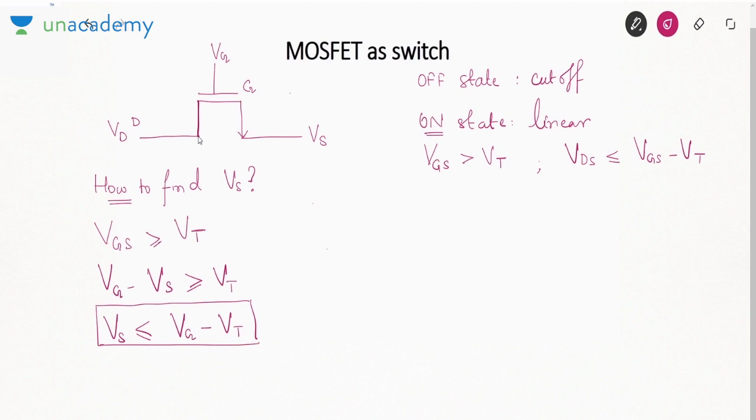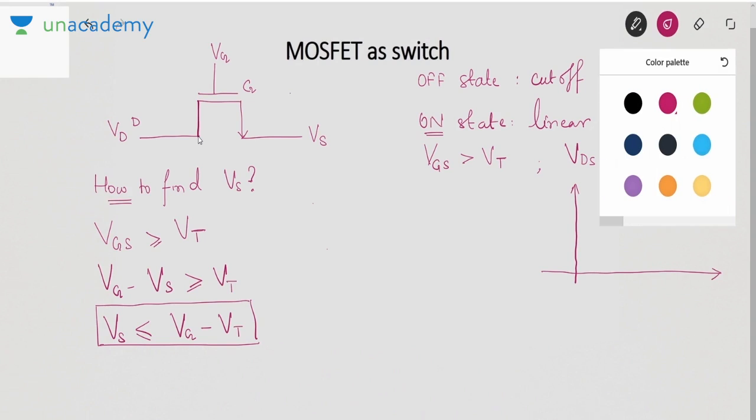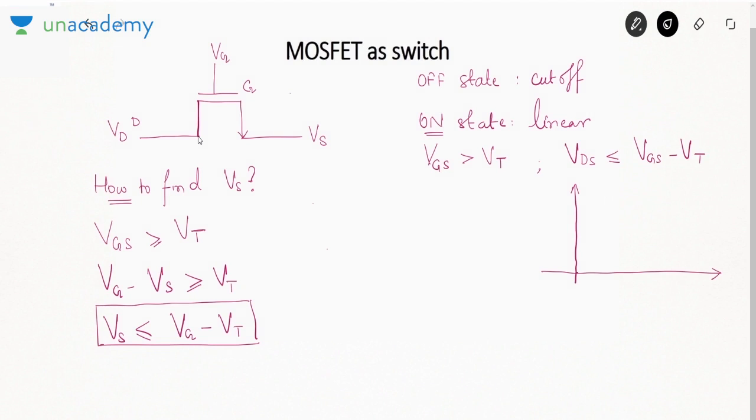Similarly, when we talk about linear region, when we draw the output characteristic, the characteristics are like this. This is ID versus VDS. This voltage at which the transistor saturates, it is VGS minus VT, and this region is called as your linear region, and this region is your saturation region.